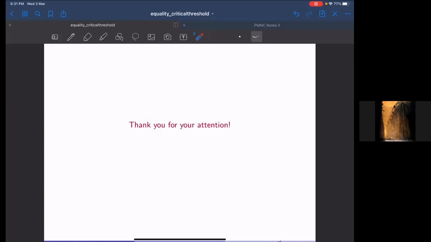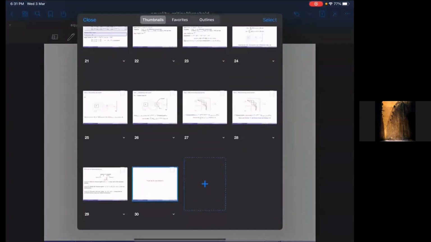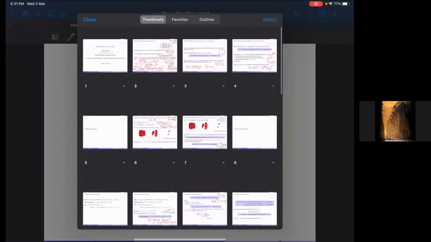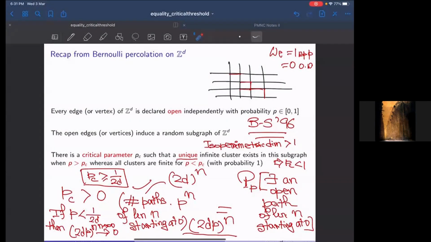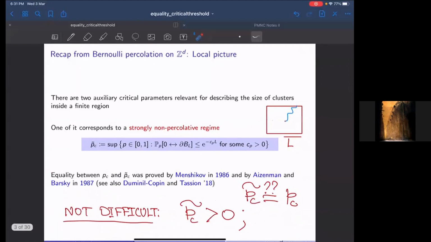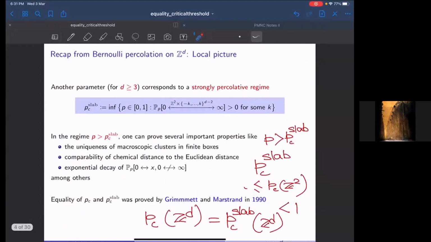Okay. So at the beginning of the talk, you mentioned this theorem which says that p_c equals p_c slab for Z^d, Euclidean lattices. I was wondering if perhaps you can make some statement for non-positively curved backgrounds.